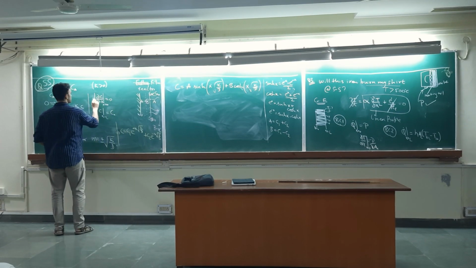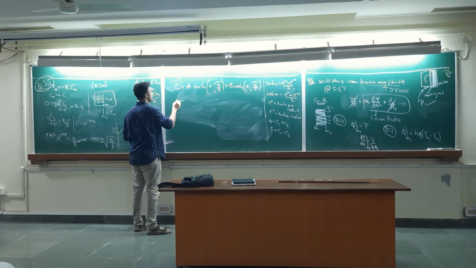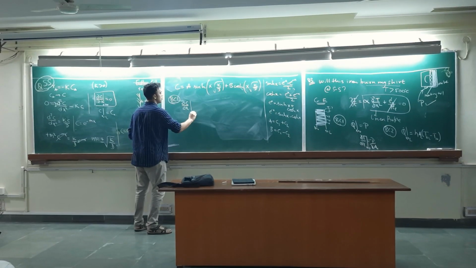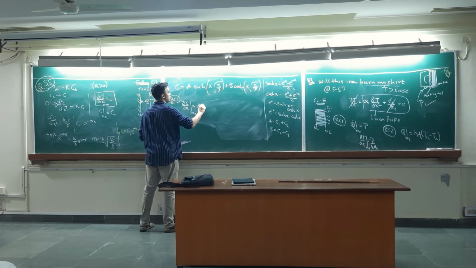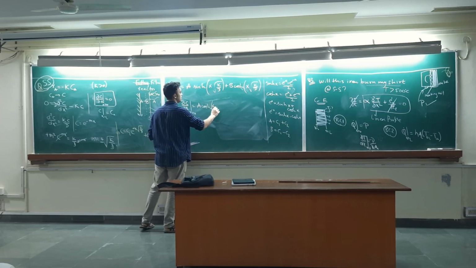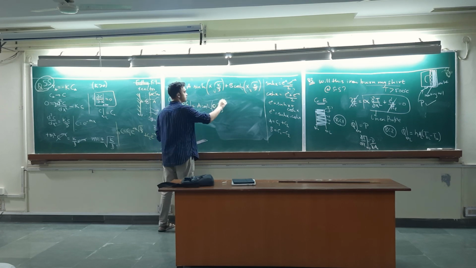This is your BC1: ∂C/∂x at x equals 0 is 0. ∂C/∂x at x equals 0, what will it be? A cosh(x√(k/D)) but x is 0, right?